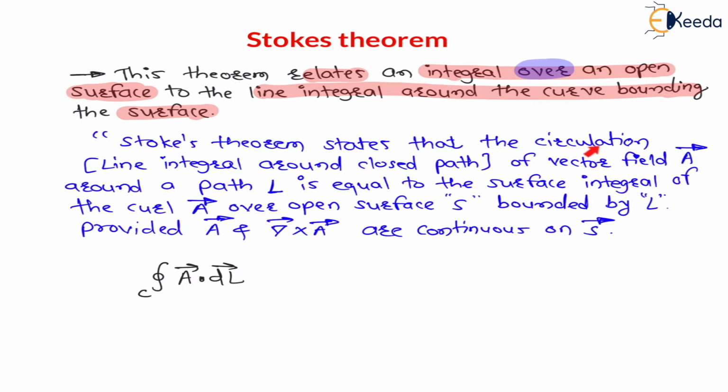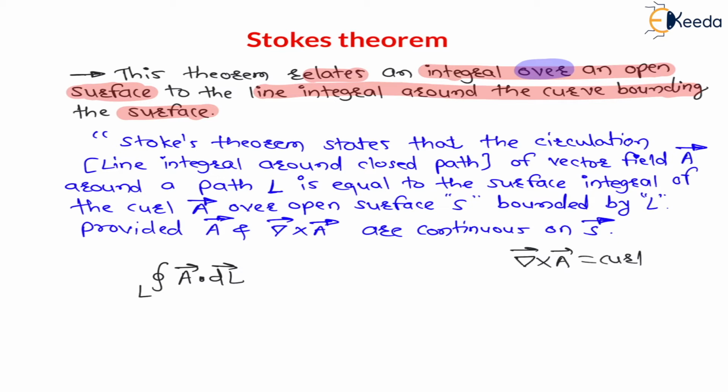Stokes theorem states that the circulation, that is line integral around the closed path of a vector field A around the path L. Now here closed path is called path L. So here I will write instead of C, here closed path is said as L, right? Around the closed path L is equal to surface integral of curl A. Now curl also we have seen, del cross A is nothing but curl, right?